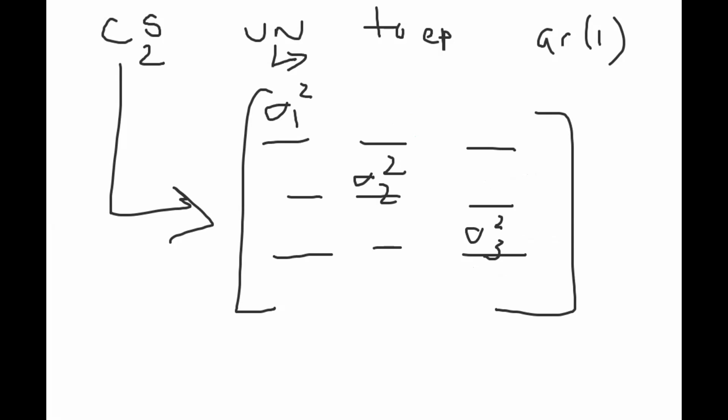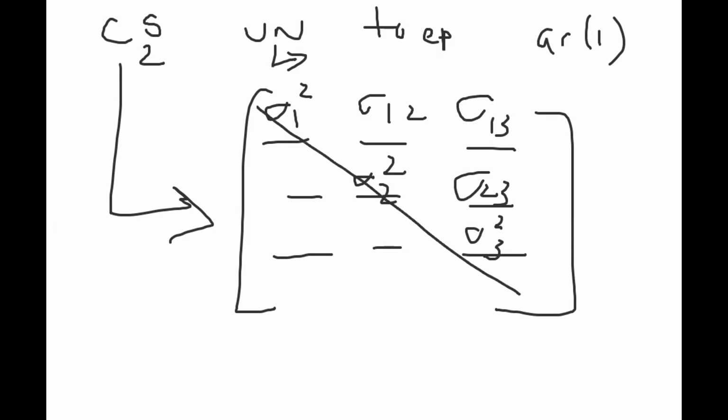It allows unequal covariance between any pairs of points. Now, with the variance covariance matrix, realize that this is symmetric across the diagonal.